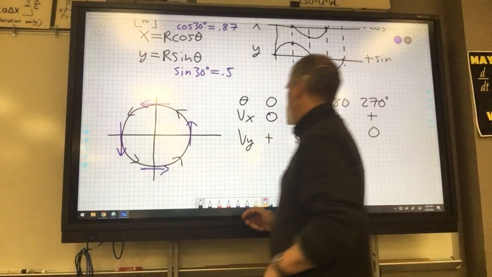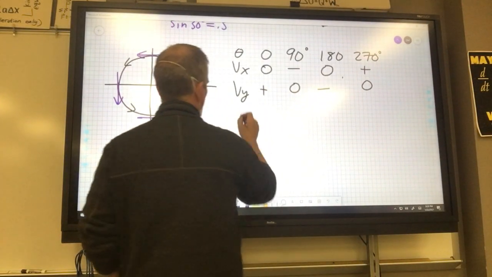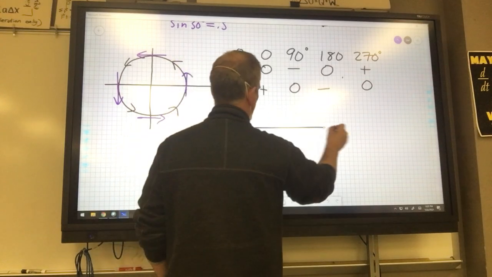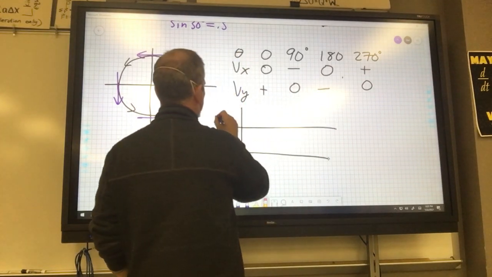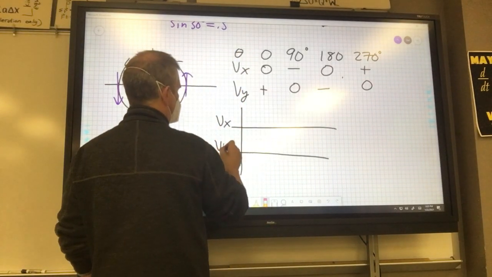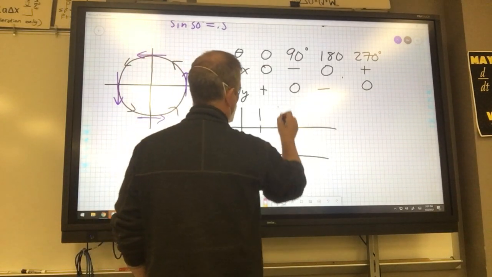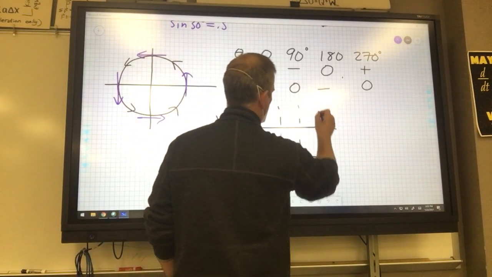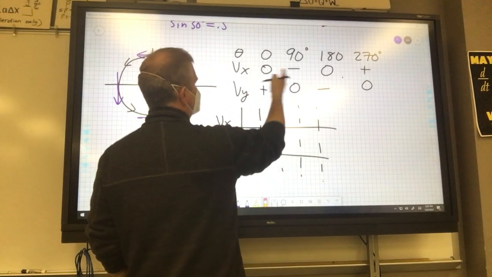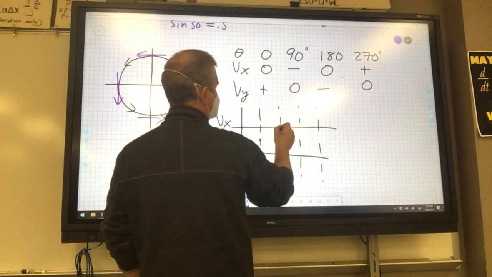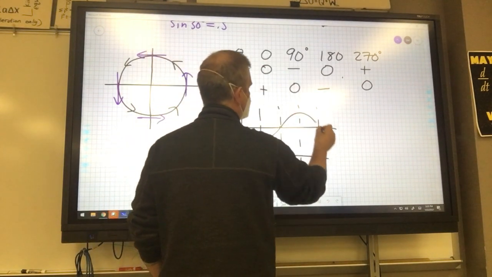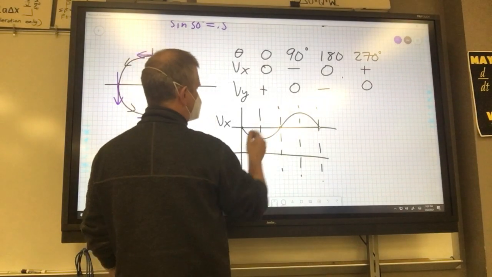Let's go ahead and graph those. This is Vx and Vy. And we get 0, negative, 0. That's enough to draw it right there. And this one is positive, 0.